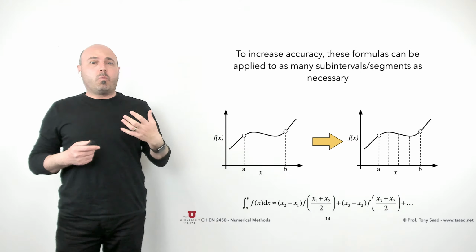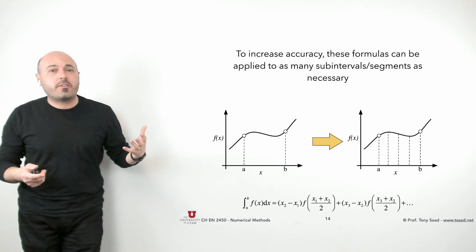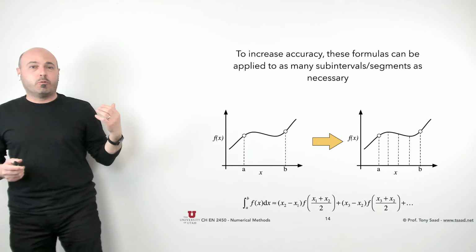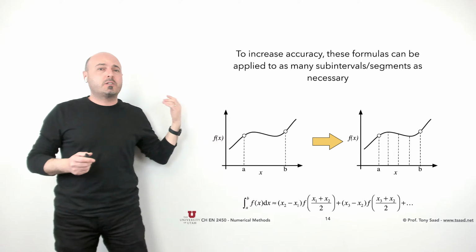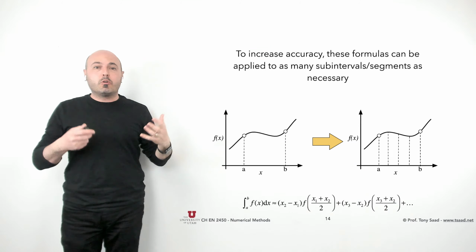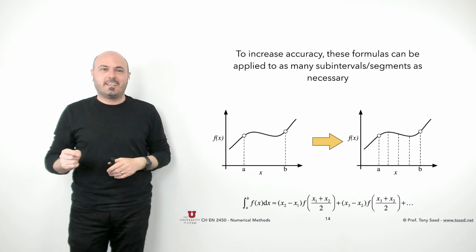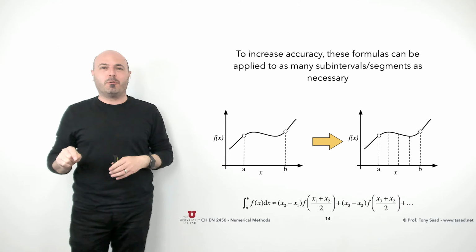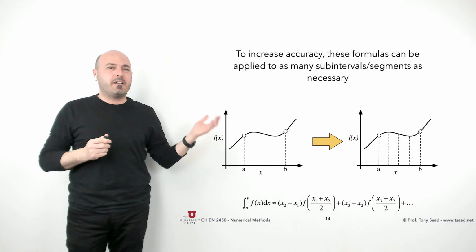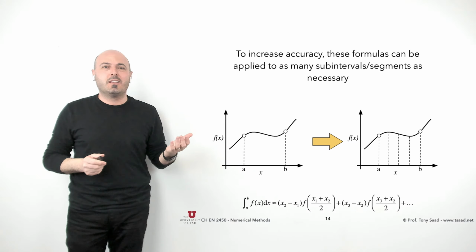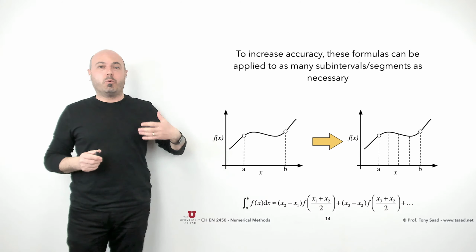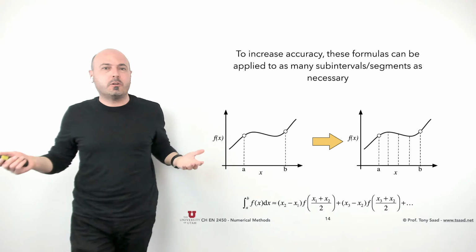So what if, rather than apply those rules to the entire interval, however small or big it is, we subdivide that interval into smaller segments and apply any one of those rules, the left point, right point, or midpoint rules, to those segments? Wouldn't that increase accuracy? Absolutely.